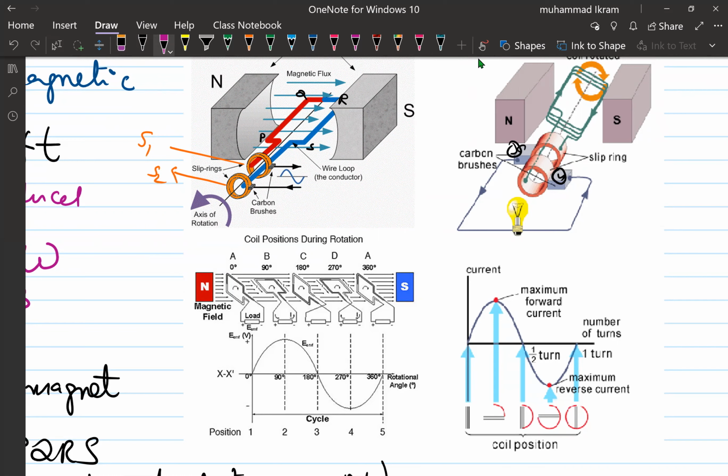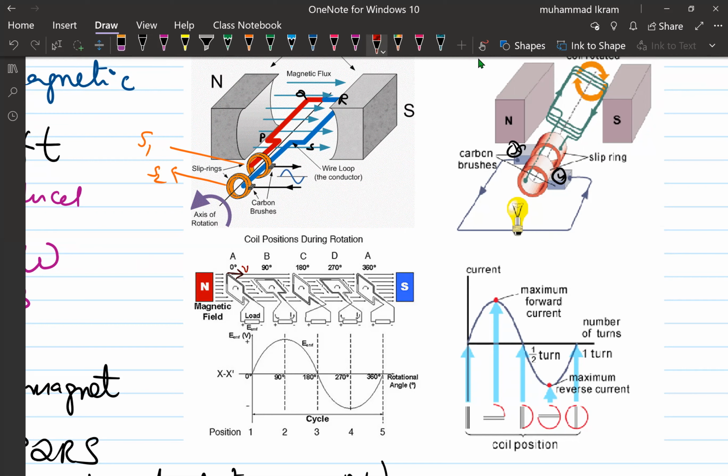Why? Because the change of flux is minimum or zero in this position. Remember that whenever the coil is moving parallel to the direction of the magnetic field, the induced EMF will be zero.